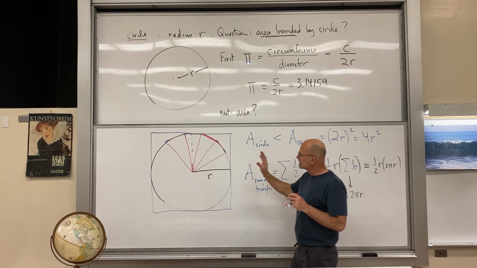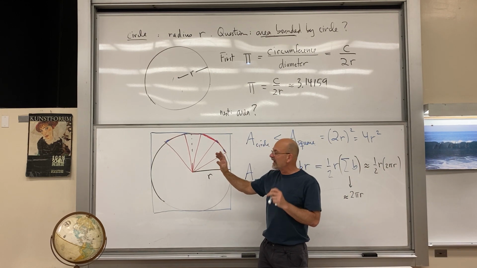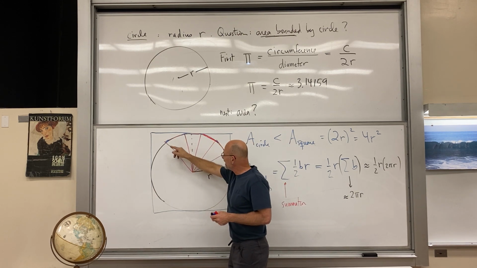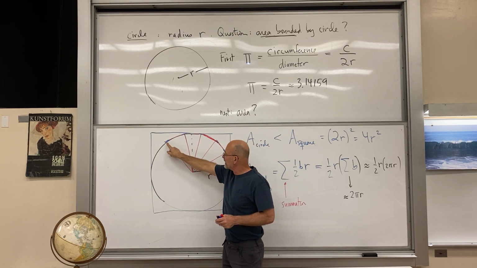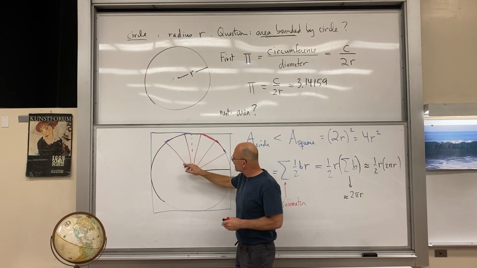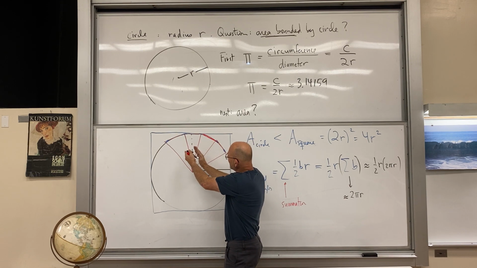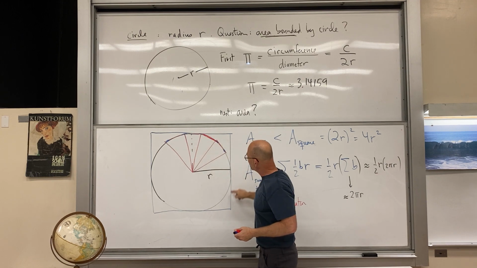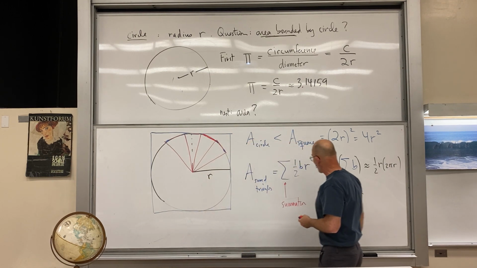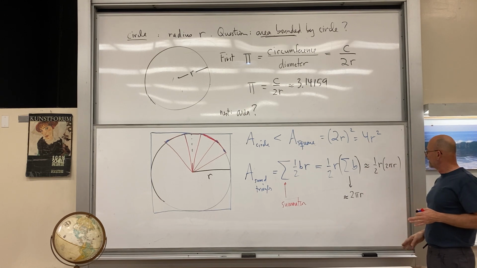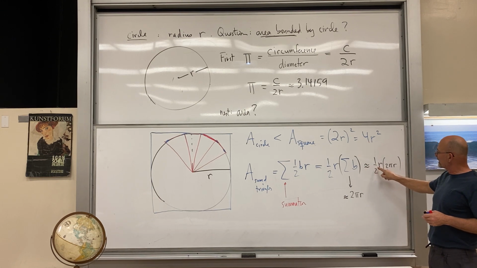and now the final stage of the calculation is to imagine I draw many, many very tiny triangles, narrow ones, so that these little errors keep getting smaller and smaller. In the limit of infinitely many small triangles, this polygon turns into a circle, and I get the exact thing. So right here, I have to do what's called take the limit, and when I do take the limit, I'll end up with 2's canceling, pi r squared.